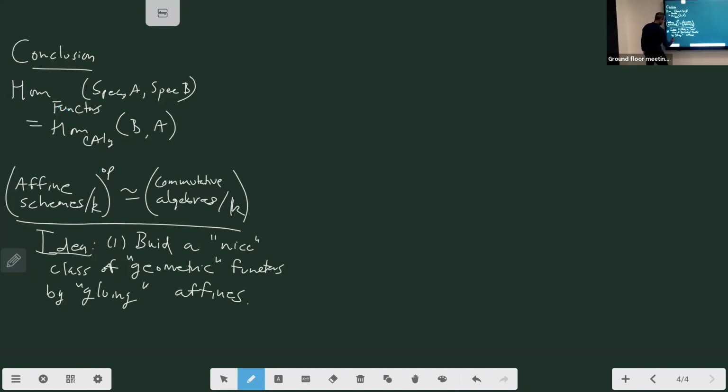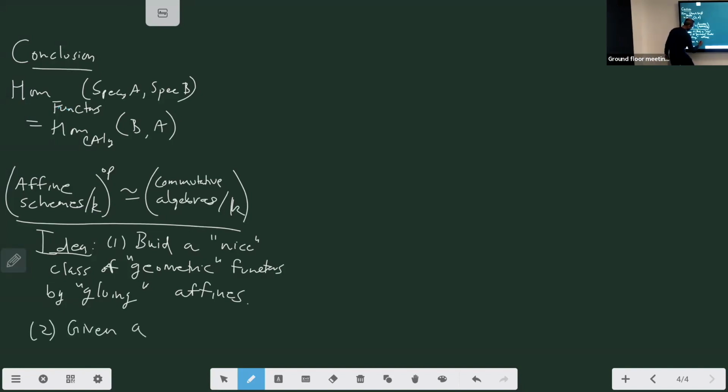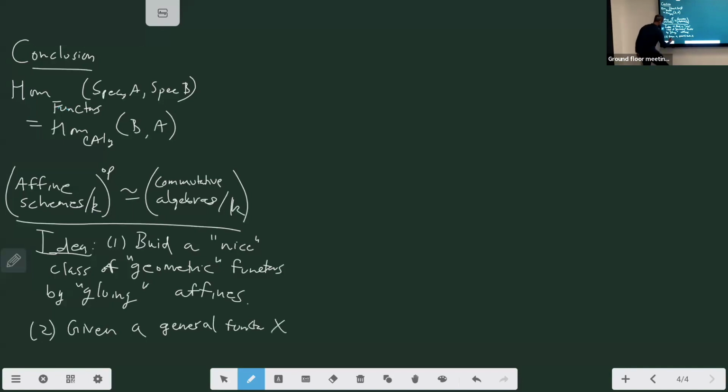And given a moduli problem, which is just a general functor, we can ask if it lies in this geometric class.